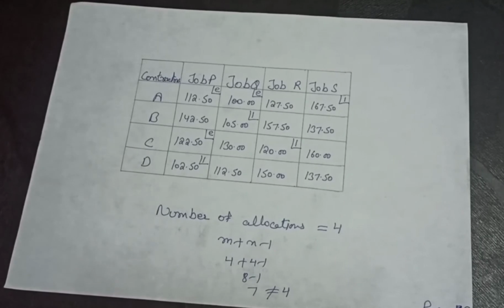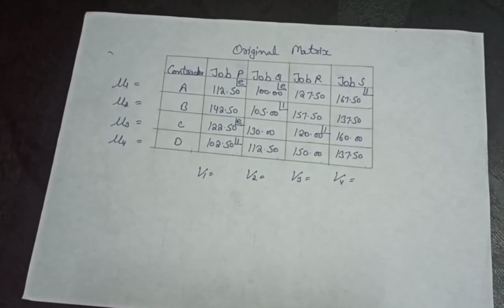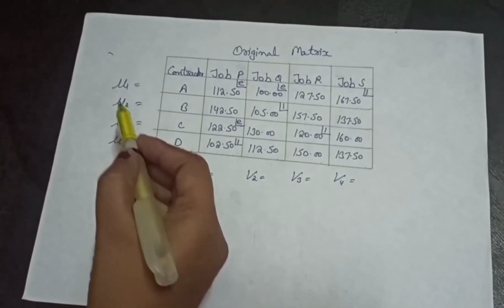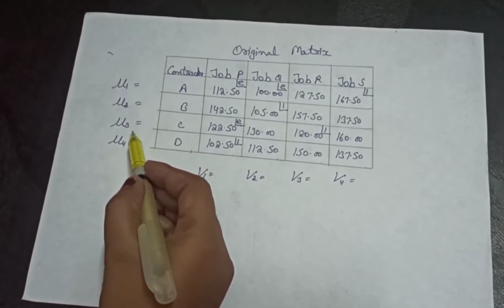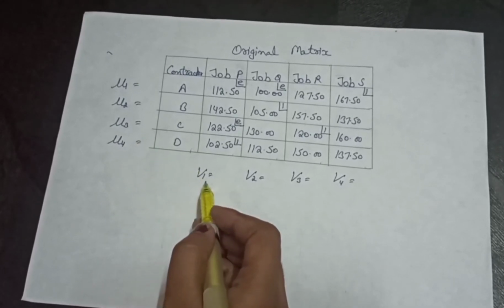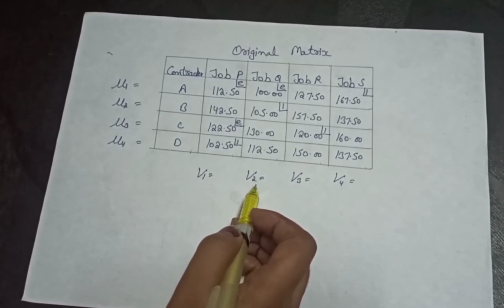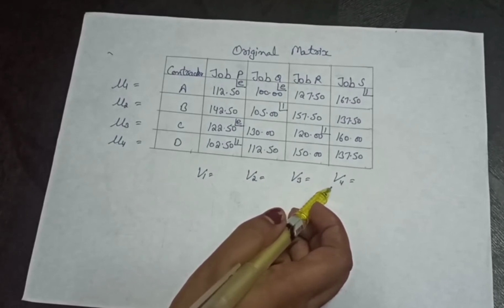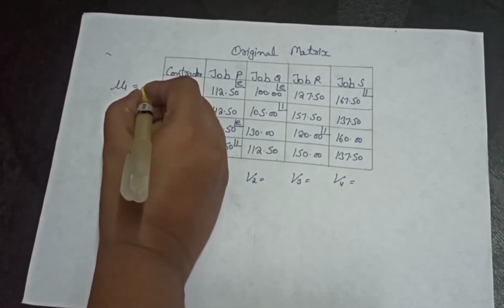So students, now we will calculate our ui plus vj matrix, and for that matrix we will calculate our ui values and vj values. So this is our matrix and we will calculate u1, u2, u3, u4, and here we will calculate v1, v2, v3 and v4. You can write here 0.